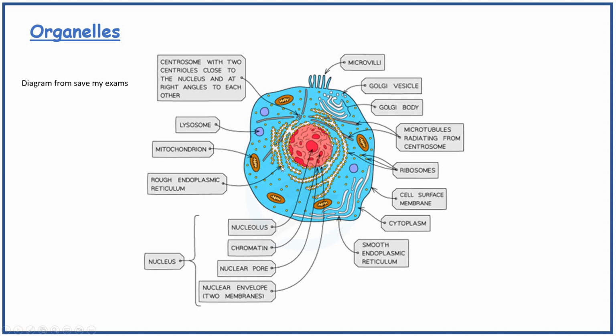Rough endoplasmic reticulum has ribosomes dotted on it. Golgi body is the stacks of cisternae, and then every so often you'll have a pinch off, which is the Golgi vesicle. You've got the microtubules, ribosomes, the site of protein synthesis, cell surface membrane, cytoplasm, smooth endoplasmic reticulum.